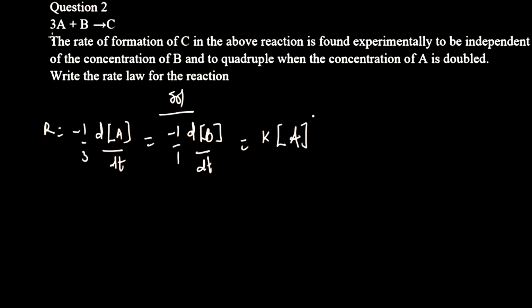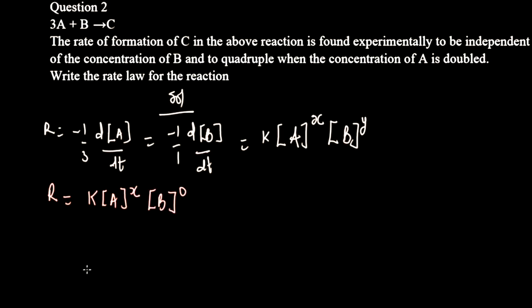We don't just take the stoichiometric coefficient 3 and put 3 here, no. So we put X, we need to determine it, and we have B as well, Y. The next thing we need to do is read the expression in the question. We're told that the rate of the reaction is independent of the concentration of B. So therefore we have that R equals K[A]^x, independent of B, so Y is 0. N raised to power 0 is the same thing as 1. So that is the first expression there.